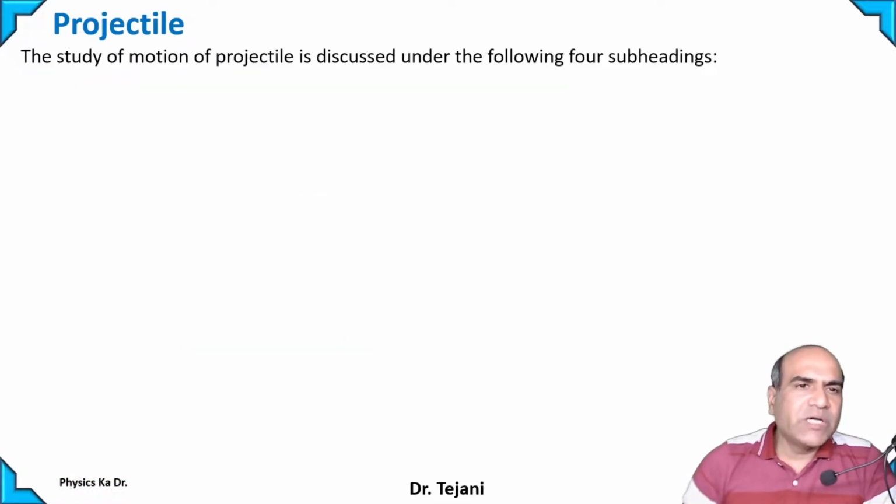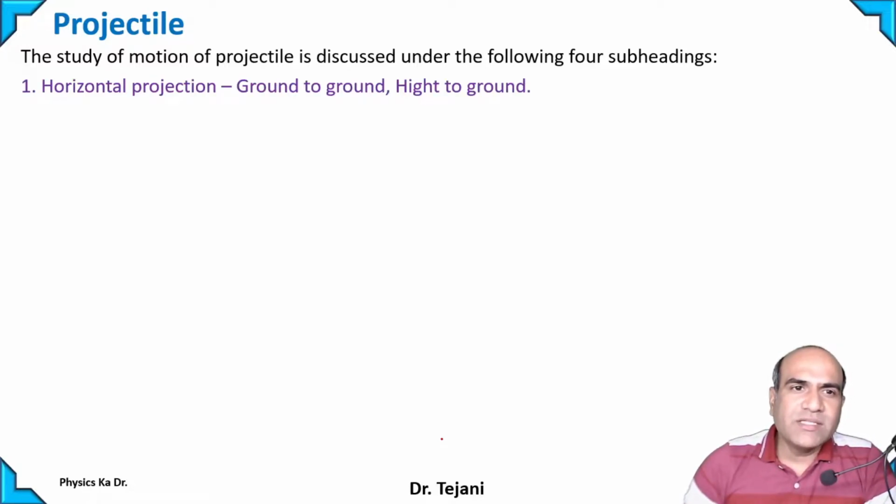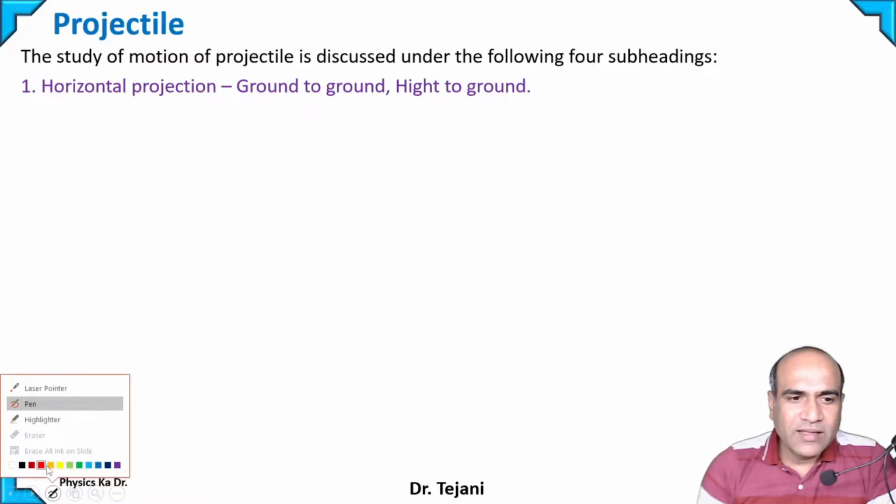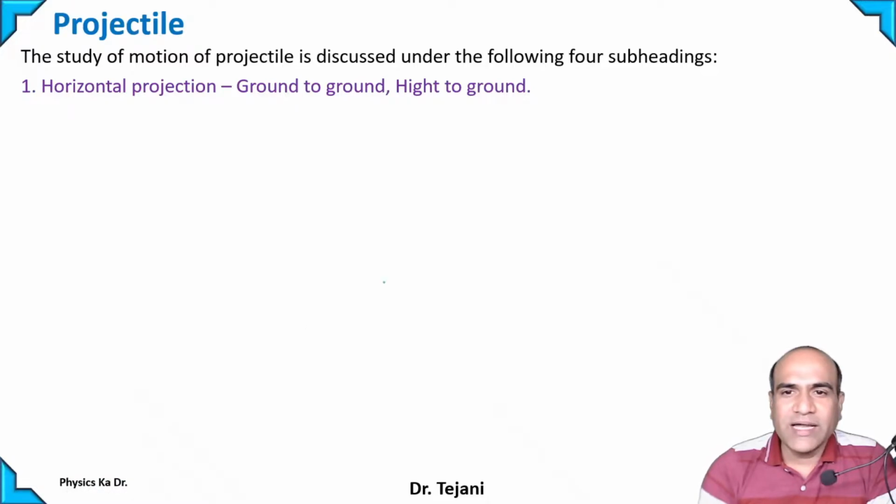In this chapter, we will be studying motion of projectile. We will be studying first horizontal projection, so ground to ground movement with the same level, with the similar level, ground to ground with a different level, as well as from a certain height to the ground.